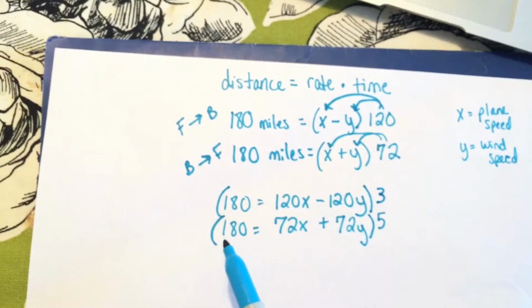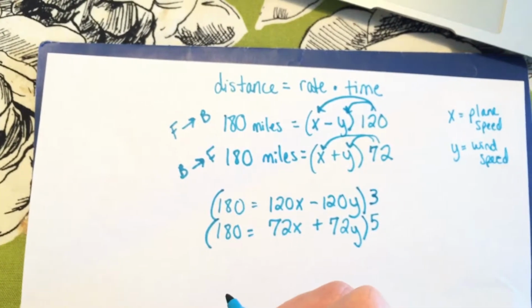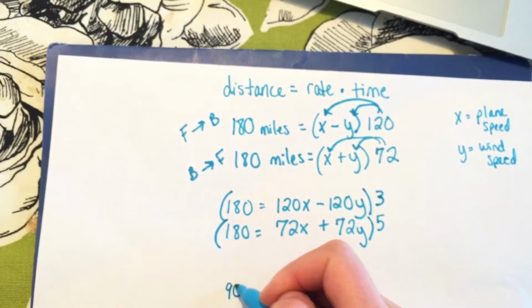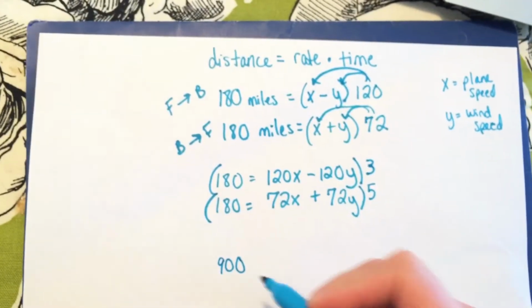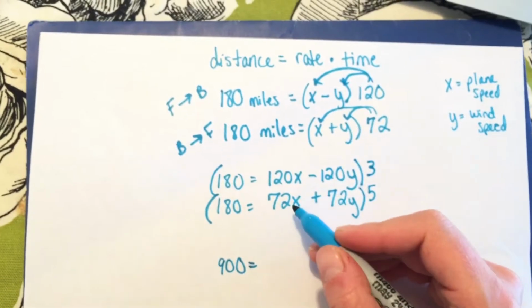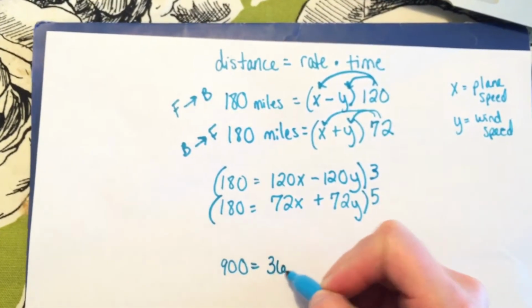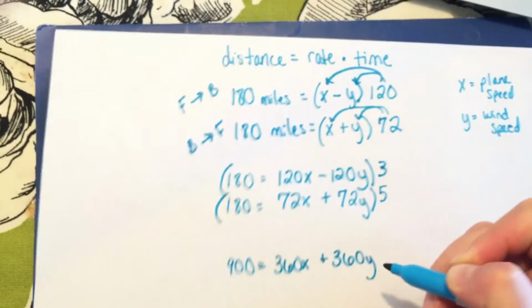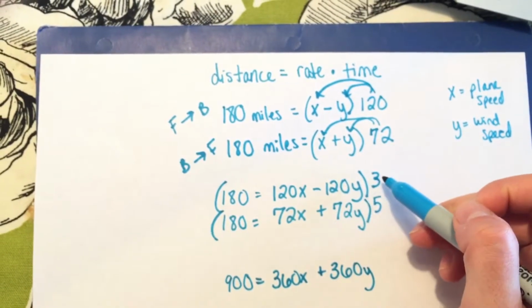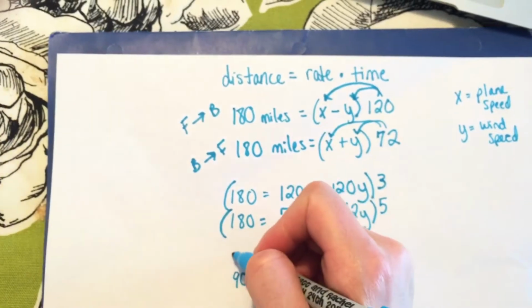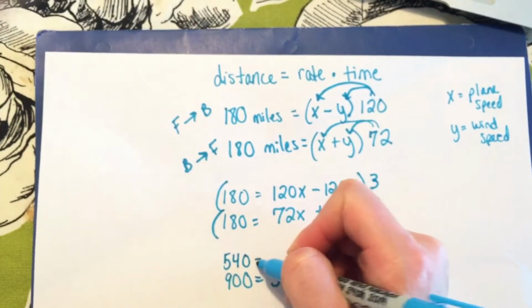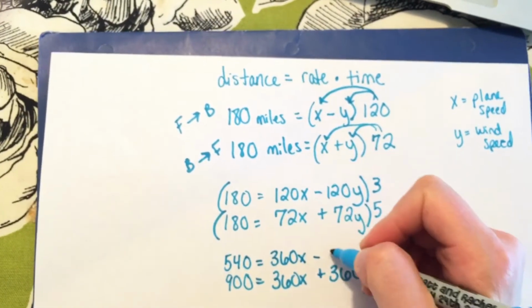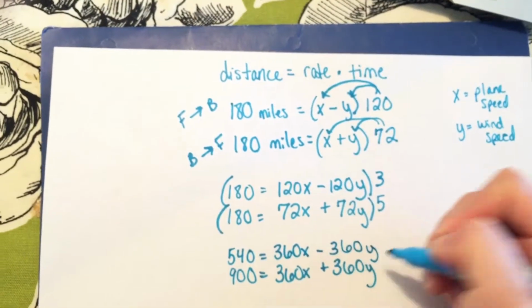So 5 times 180 is 900, and 5 times 72x is going to give me 360x plus 360y. Then my top equation here, 180 times 3 is going to give me 540 equals 360x minus 360y.